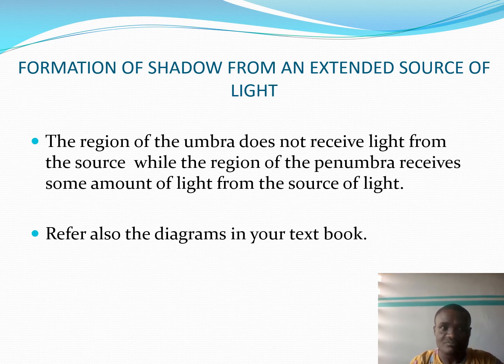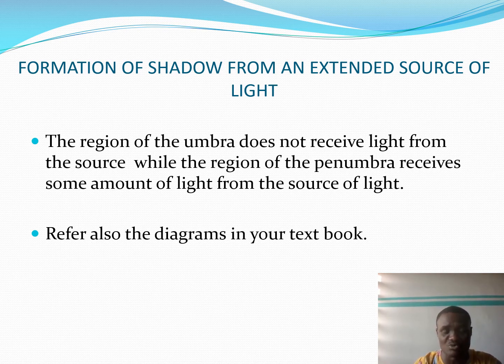Now, formation of shadows from an external source of light, you see that the region of the umbra does not receive light from the source, while the region of the penumbra receives some amount of light from the source. Let's go back to the diagram. You can also refer to the diagram in your textbook.